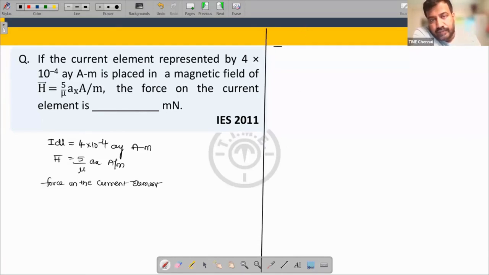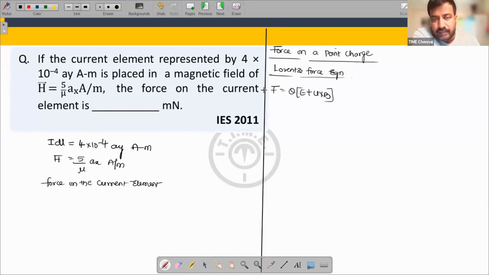We know force on a point charge is given by the Lorentz force equation, F is equal to Q into E plus U cross B. Obviously, you cannot apply this here.